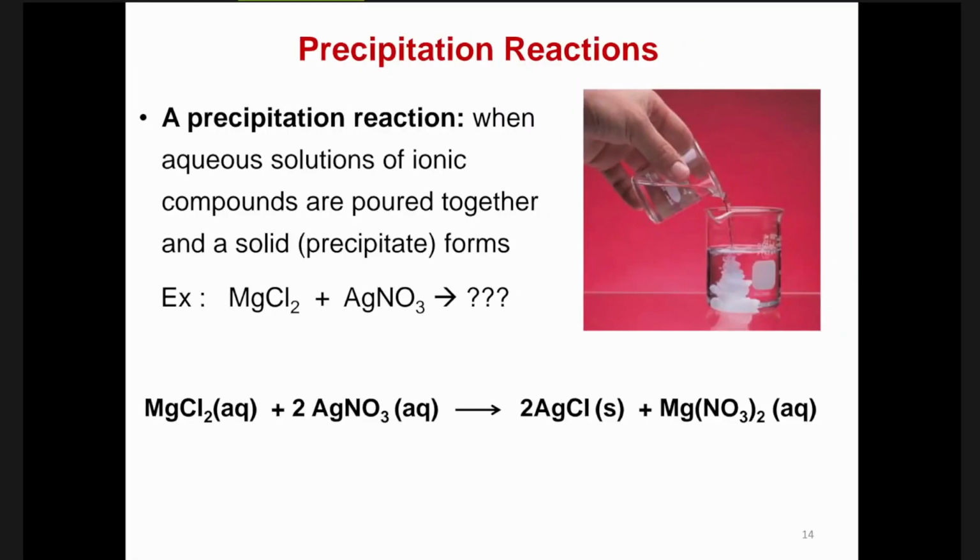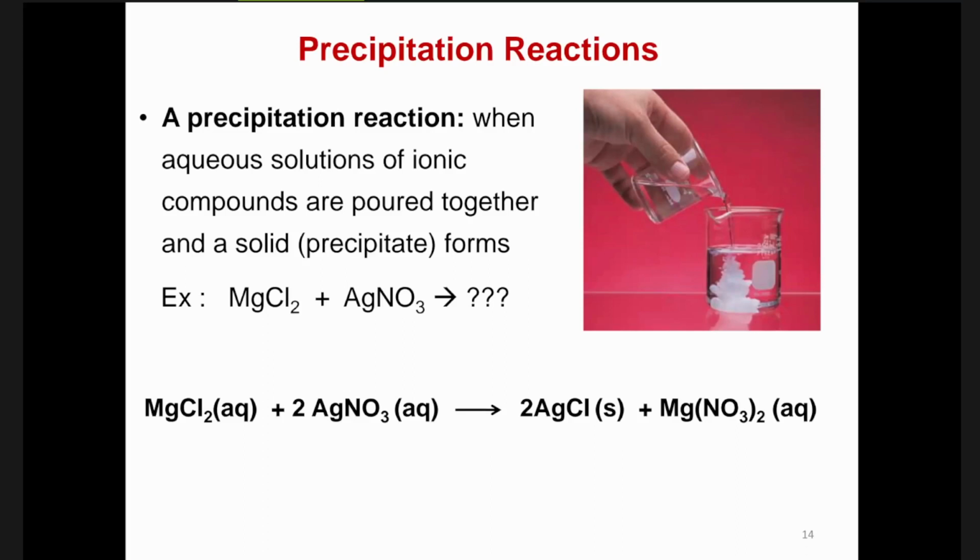So now we talk about the precipitation reaction. Precipitation reaction is the reaction when aqueous solutions of ionic compounds react with each other and a solid precipitate is formed.